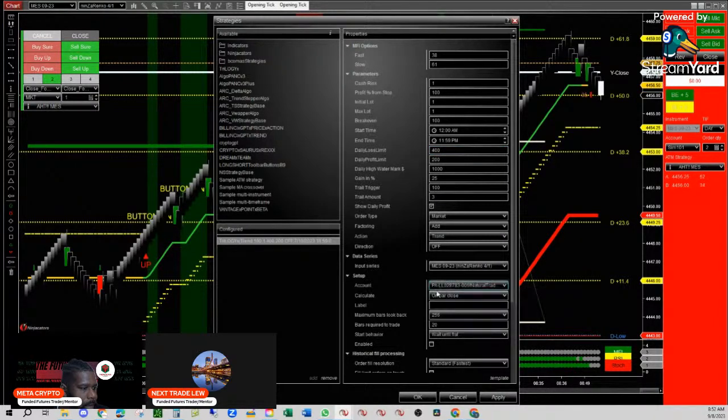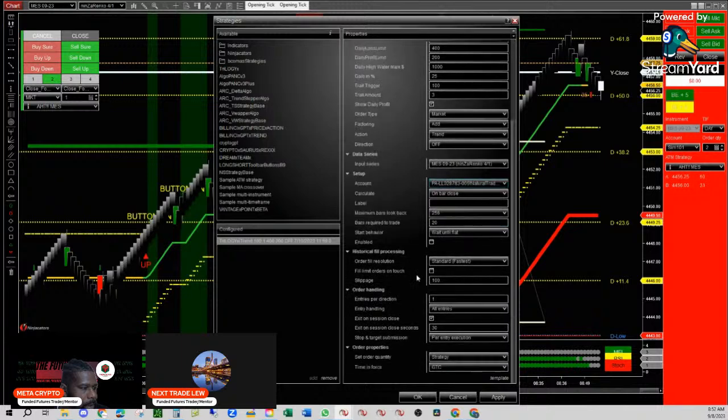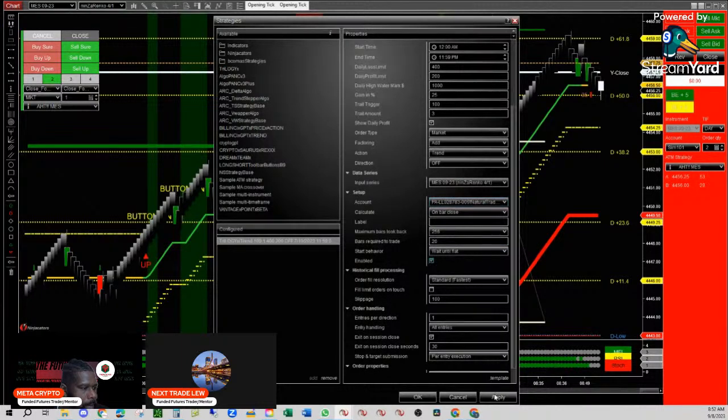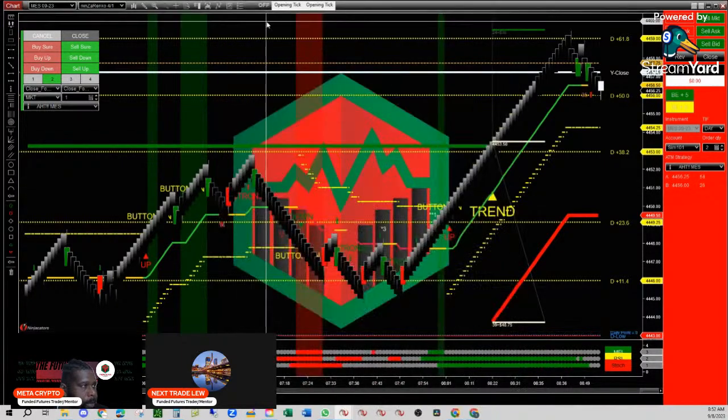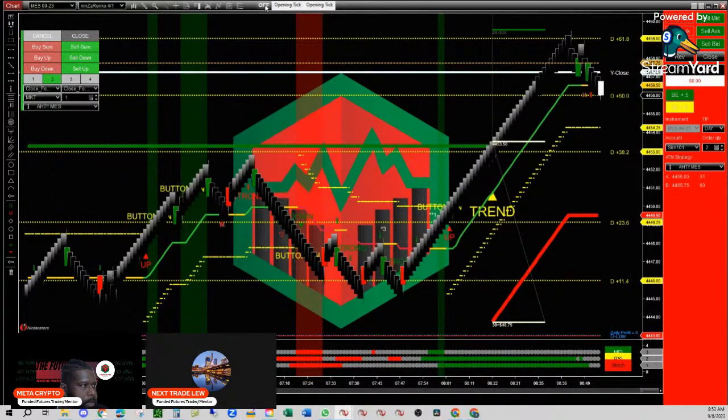Got the right account and enable. So when I enable it, you see a little switch, what we call button on and button off. Got that right there. And then we're going to go over to oil. Oil is at yesterday's high.